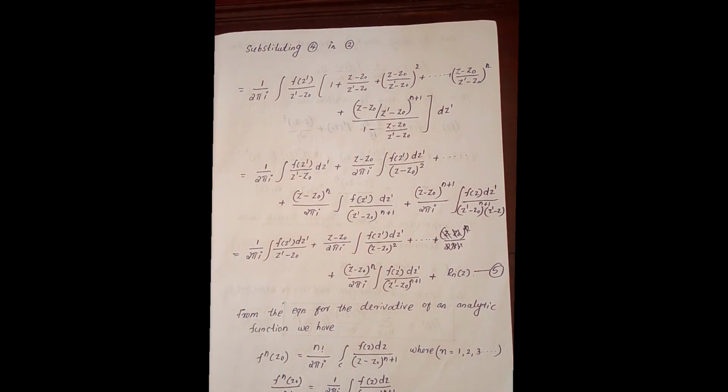For this we are substituting equation 4, that is 1/2πi ∫ f(z')/(z' - z0) into 1 plus this term, dz'.